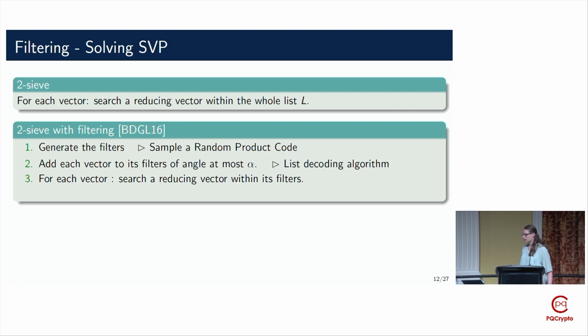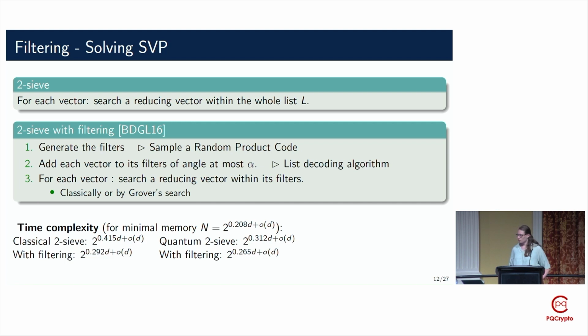So for each vector, we search for a reducing one within the filters of the vector, instead of checking the whole list, which is much larger. We can do this search step classically or quantumly by reverse search. And you can notice that the time complexity has a great improvement when we apply filtering.